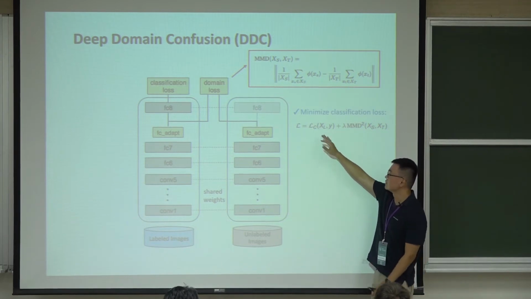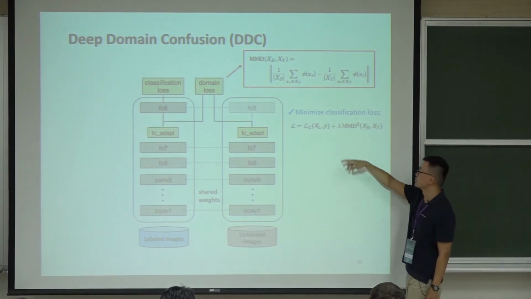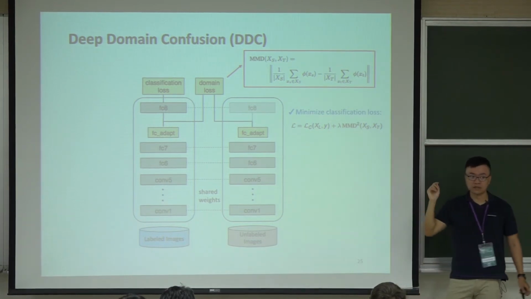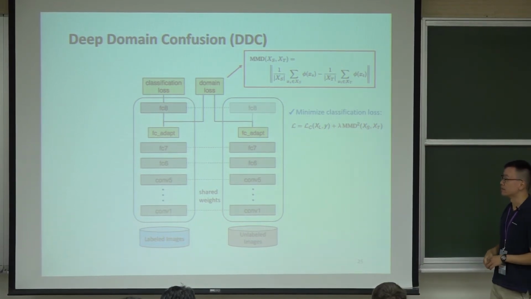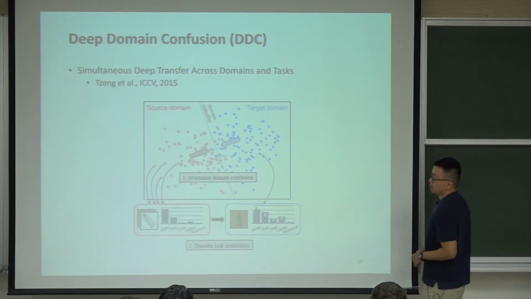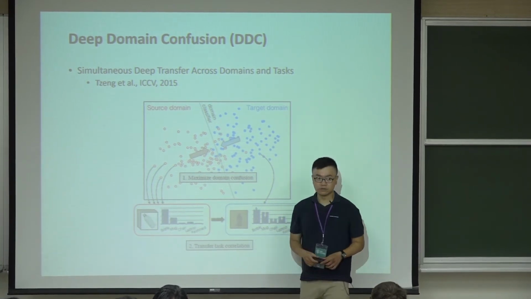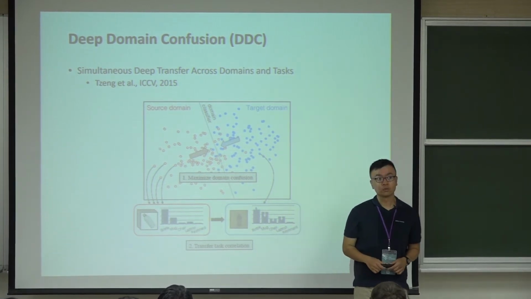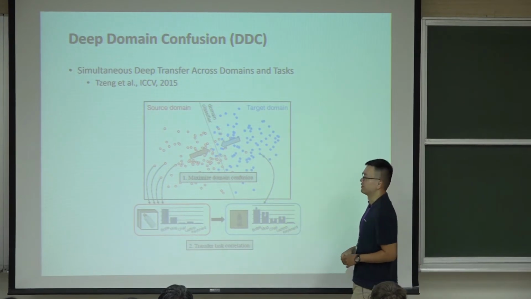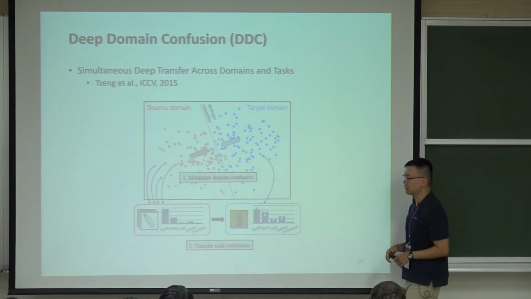They fully focus on the classification loss, and they adjust the weights for their MMD loss. That is the design of their model. Oh, okay, they did publish this in ICCV 2015, which was in Santiago, Chile, because I was there. So in ICCV 2015, they published their work.